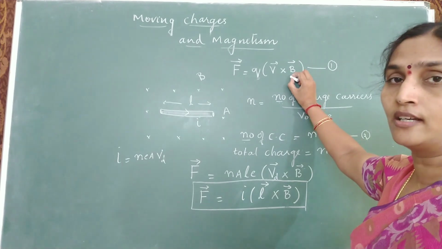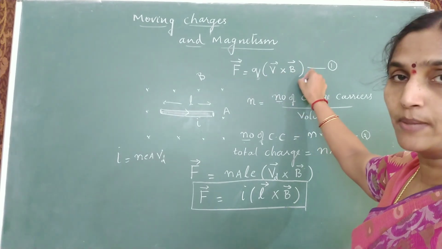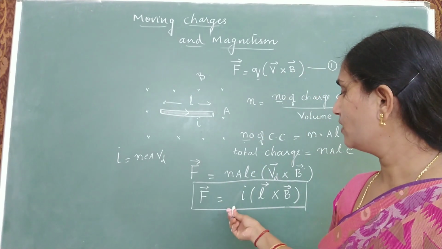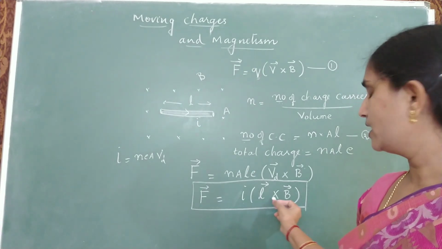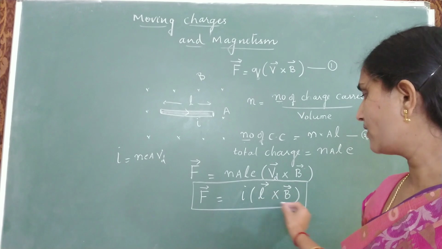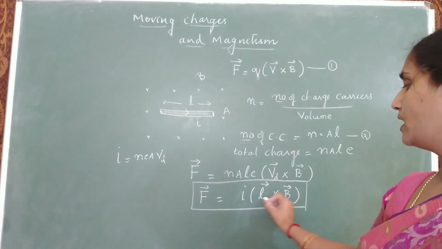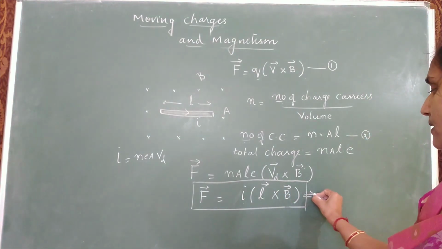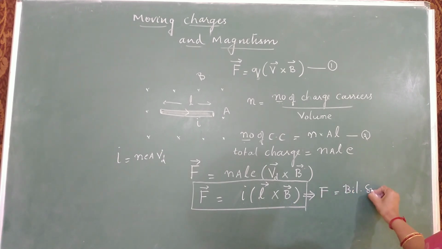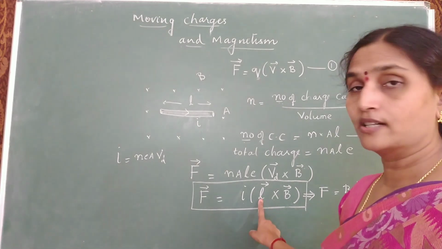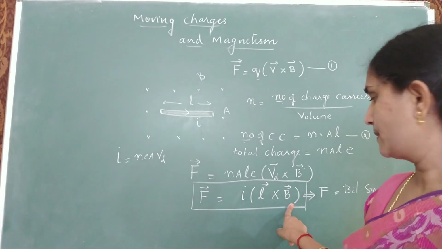For a charged particle the magnetic force is Q into V cross B, whereas the magnetic force acting on a current carrying conductor would be I into L cross B. If I take the angle between L and B and expand this vector, you can also write the magnitude of the force as BIL sine theta, where theta is the angle between the L vector and B vector.